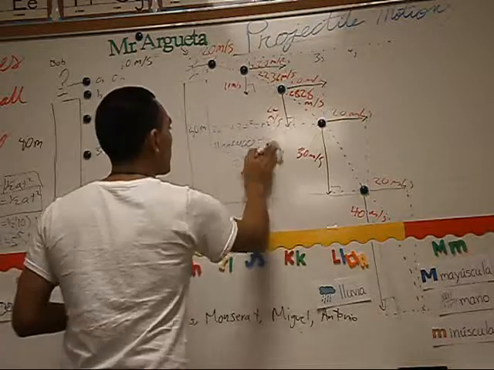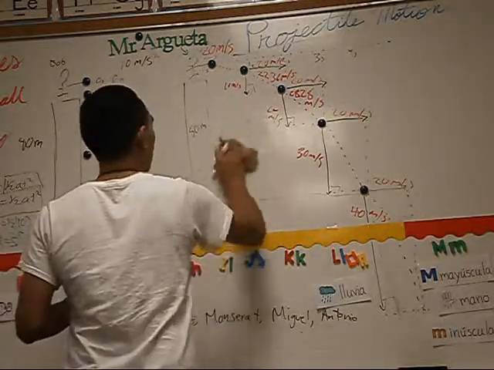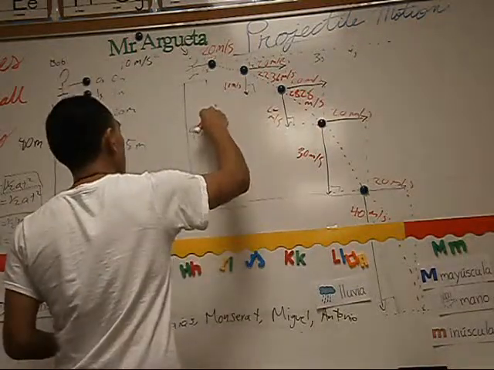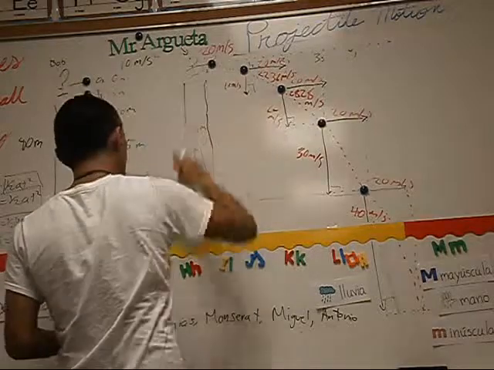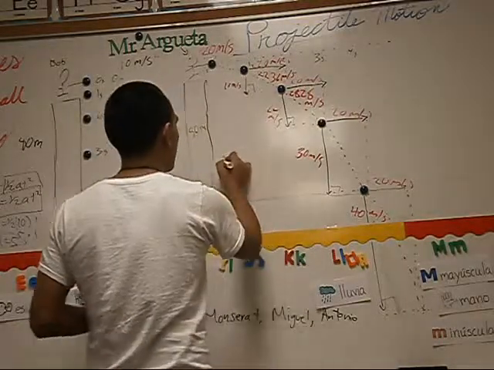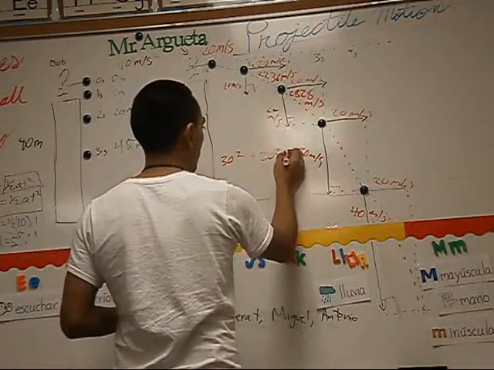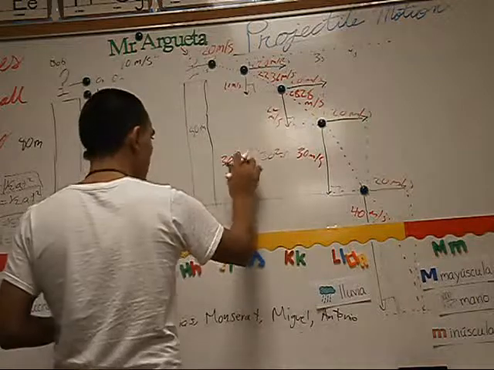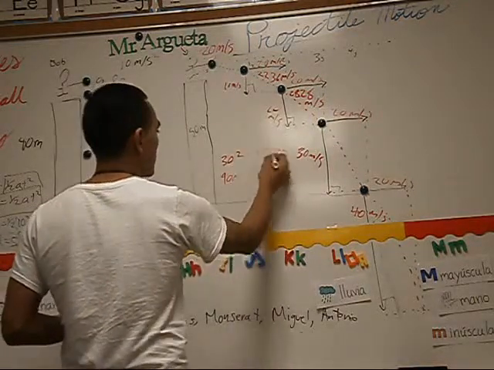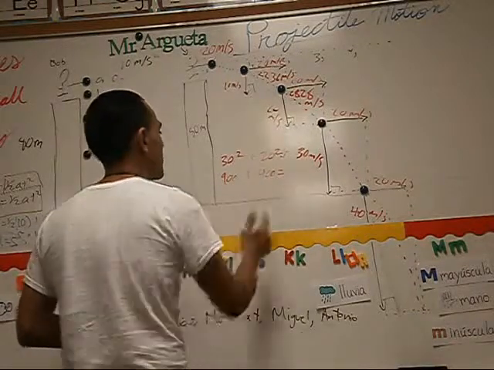Alright, now I'm going to do this one. 30 squared plus 20 squared equals R squared. So that is going to be 900 plus 400 equals 1300.